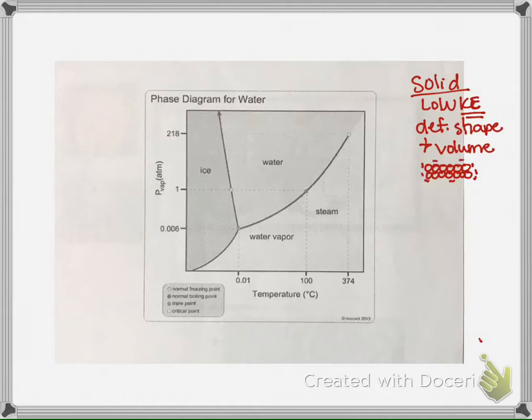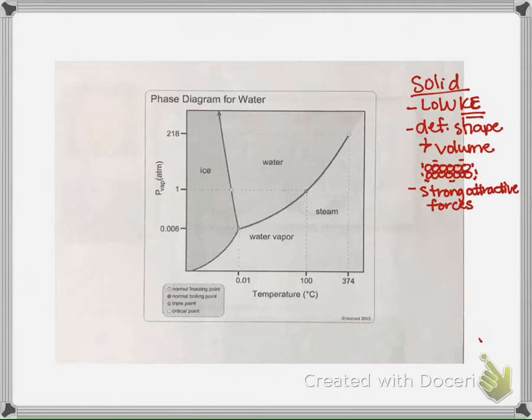And so there are strong attractive forces between them. So they are really bound to each other. Strong forces of attraction is what we call this between them. So strong attractive forces between the particles, definite shape and volume, and low kinetic energy.